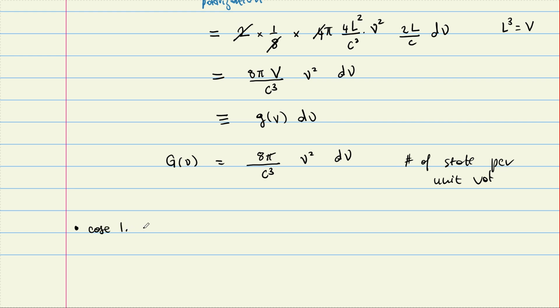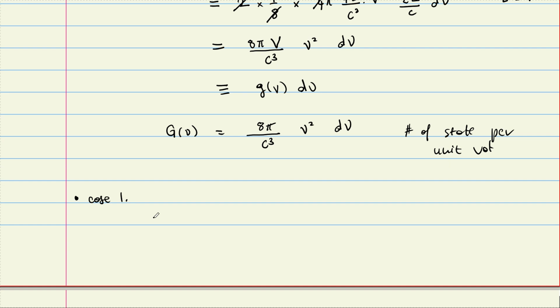Case 1. Suppose we didn't know anything about quantum mechanics, and we said exactly like Rayleigh-Jeans, okay, photon, maybe it is kind of like a classical gas, and consider the classical energy per state. So what is the classically average energy per state at a given temperature?